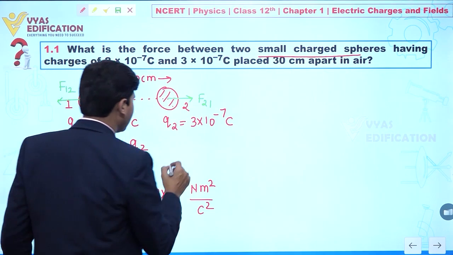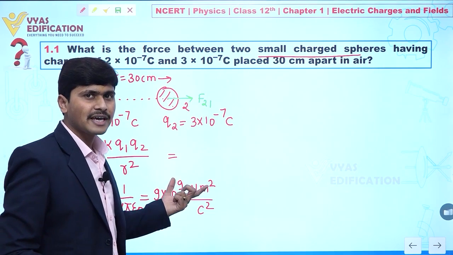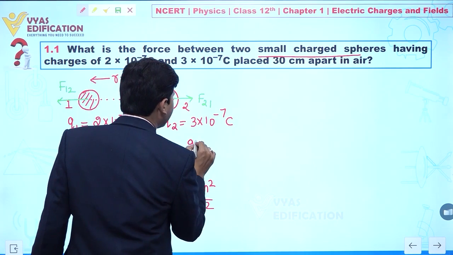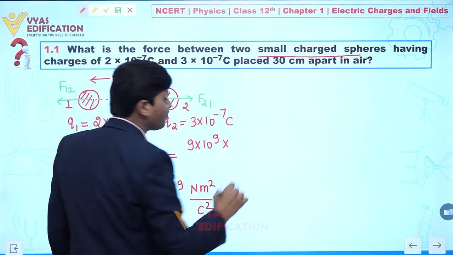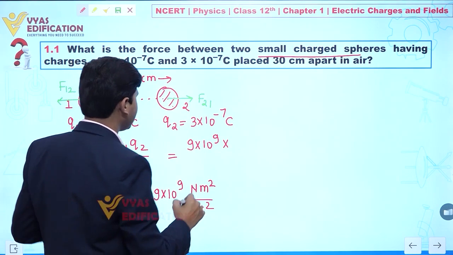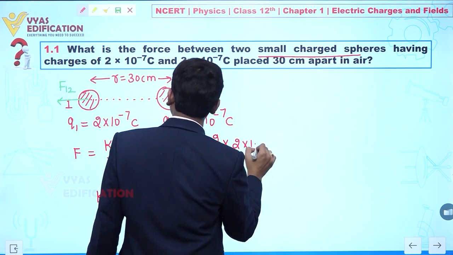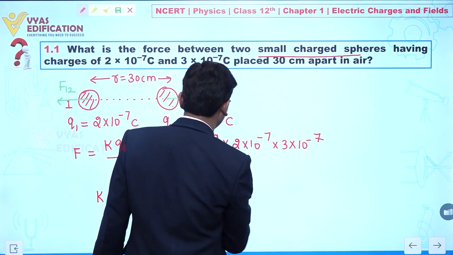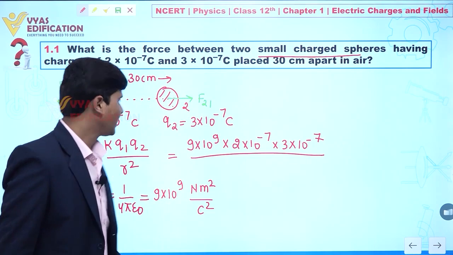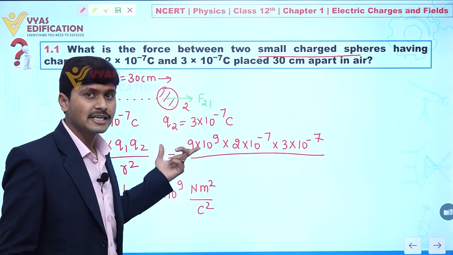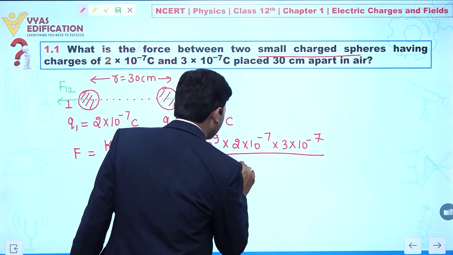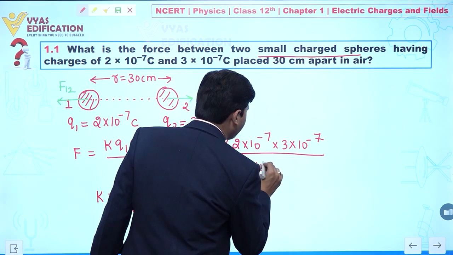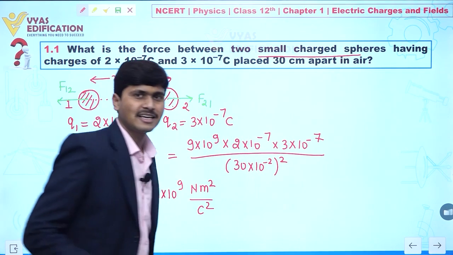So now we can put in the values. K is 9 into 10 to the power 9, into Q1 and Q2, 2 into 10 to the power minus 7 into 3 into 10 to the power minus 7, divided by R, given as 30 centimeter. First we convert this centimeter into meter and then write like this, clear to everyone?